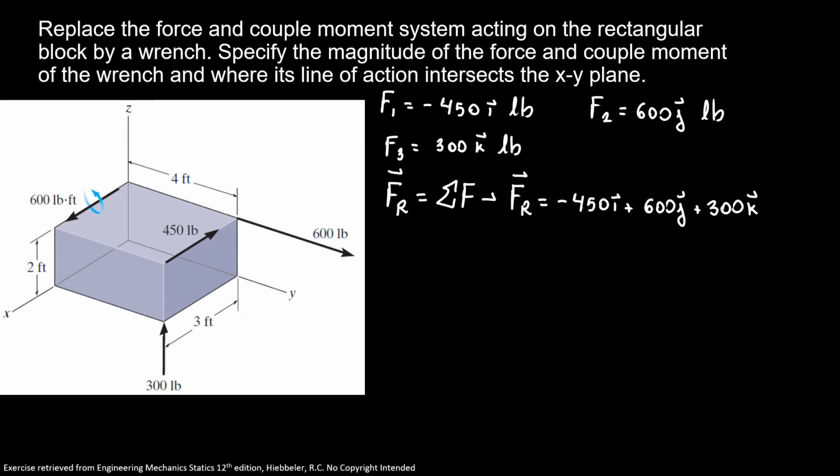Now we're going to find the magnitude as the question asks. So the magnitude of the resultant force is equal to the square root of minus 450 squared plus 600 squared plus 300 squared.